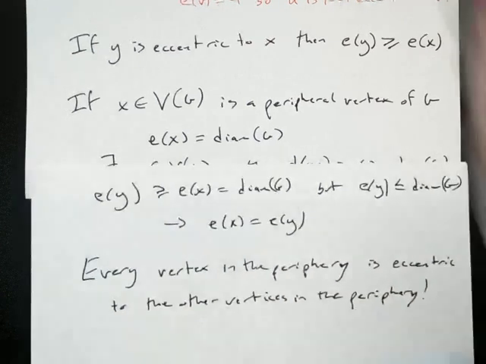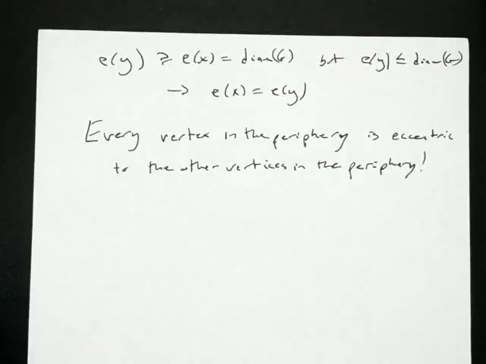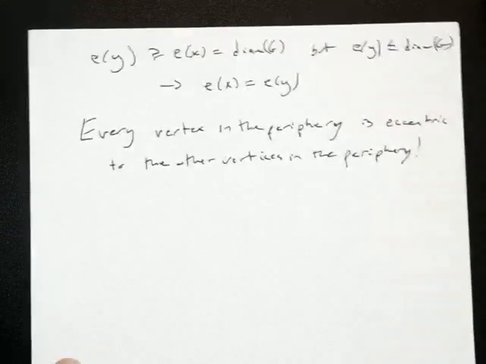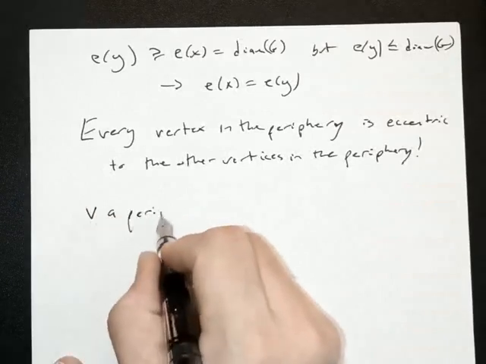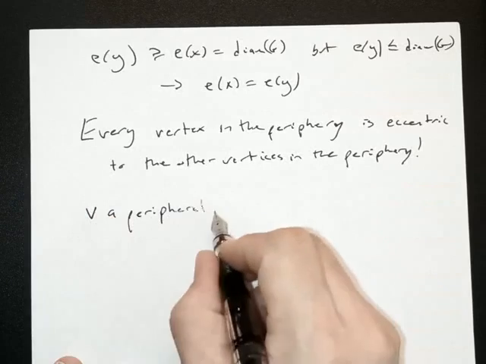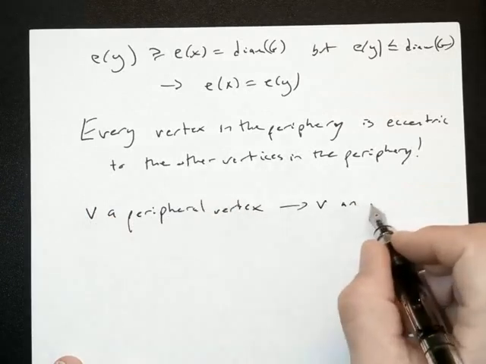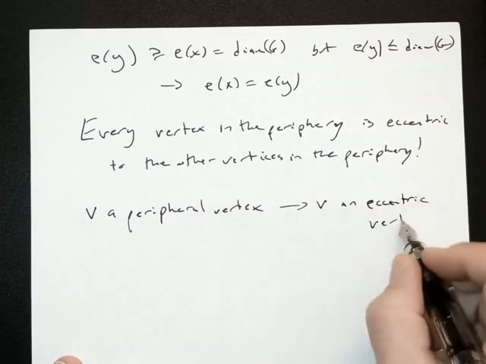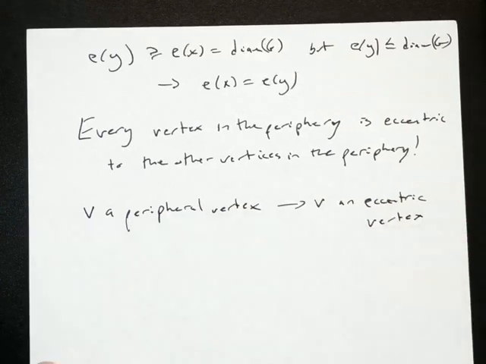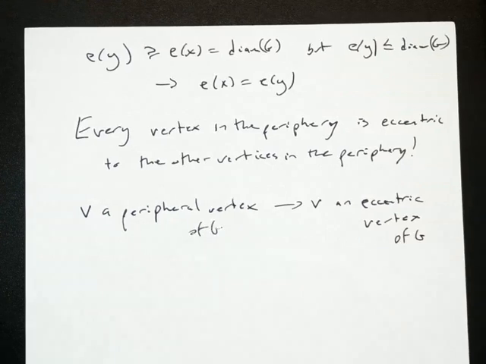Every peripheral vertex is an eccentric vertex in a graph. Not necessarily the other way around.